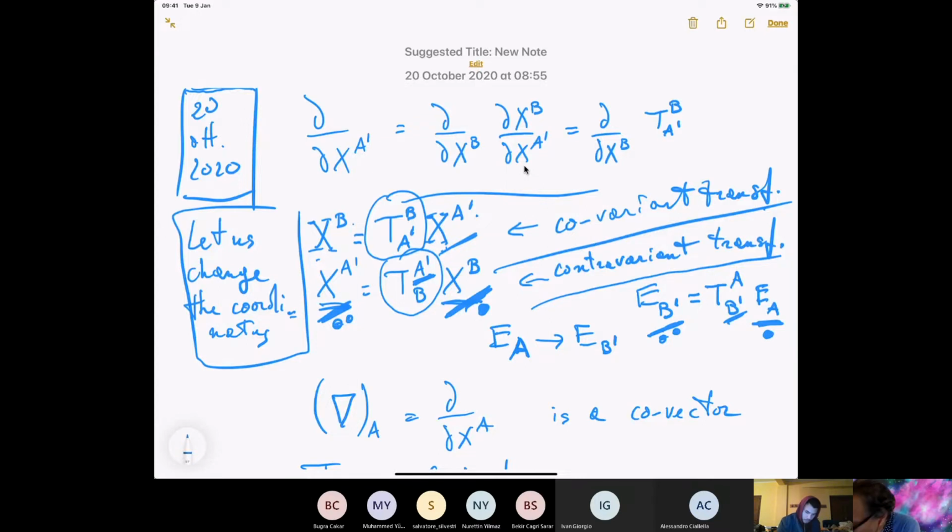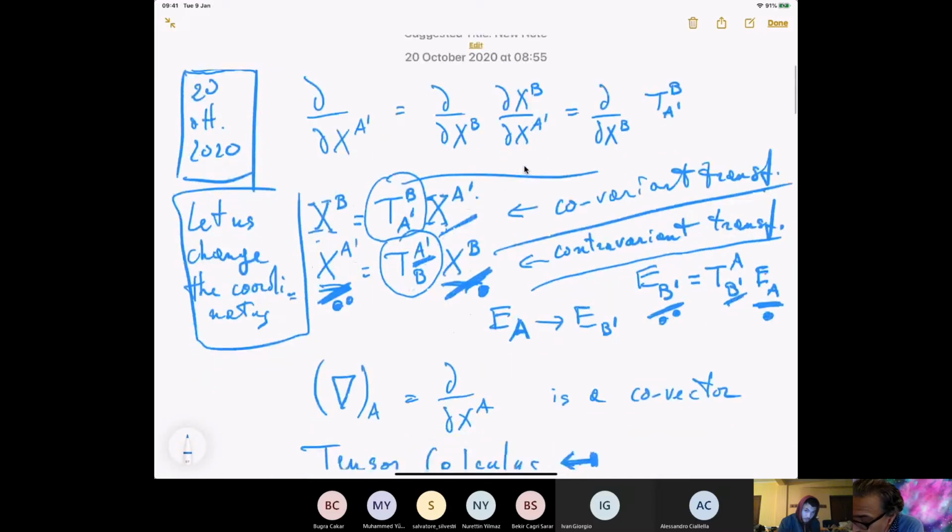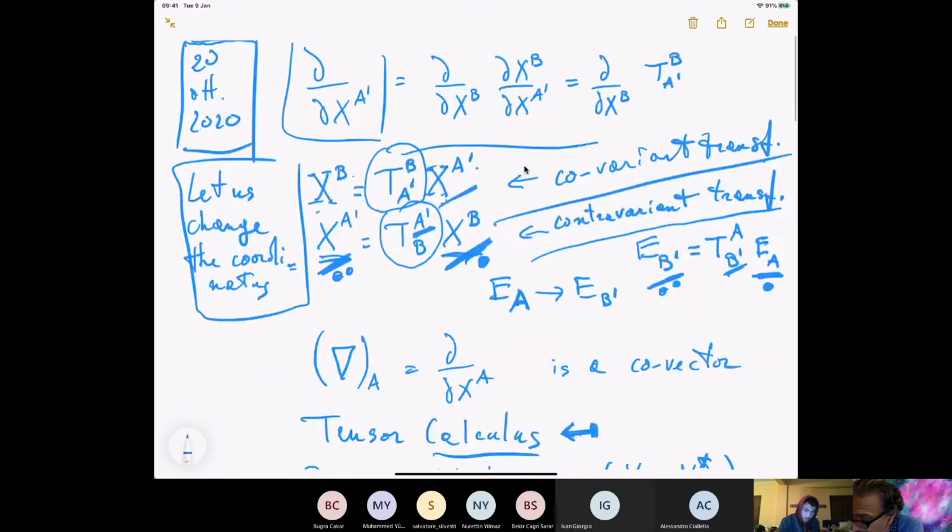So when you calculate this partial derivative, you apply the chain rule.